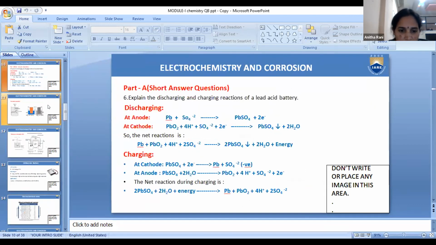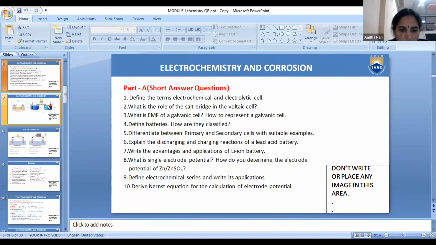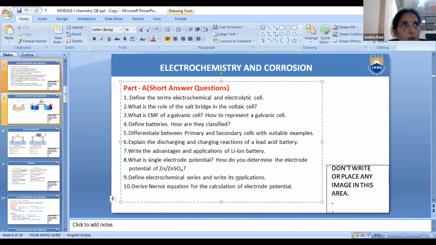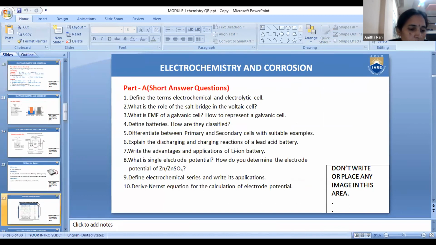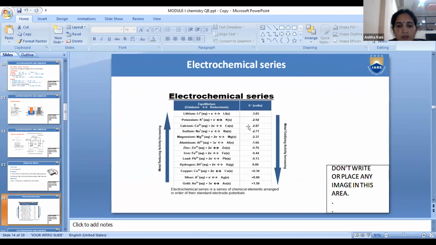Now next, what is the question? Applications. Tell any two applications, students. From the electrochemical series, what are you able to know? Tell two points. First, to predict the relative oxidizing and reducing power.